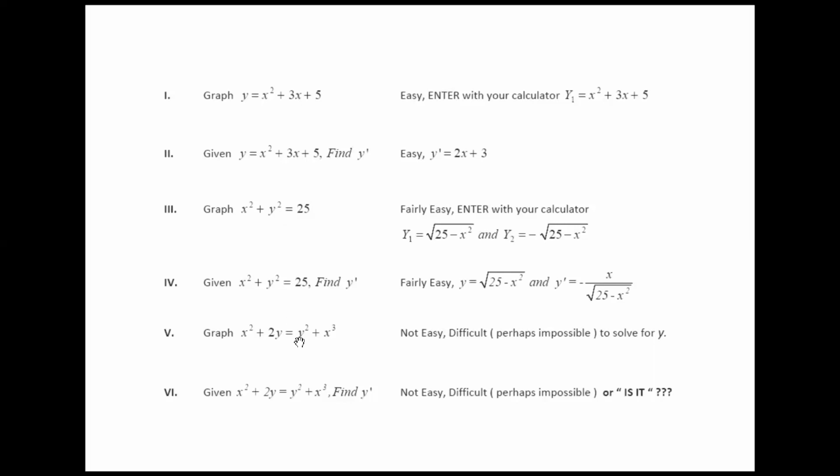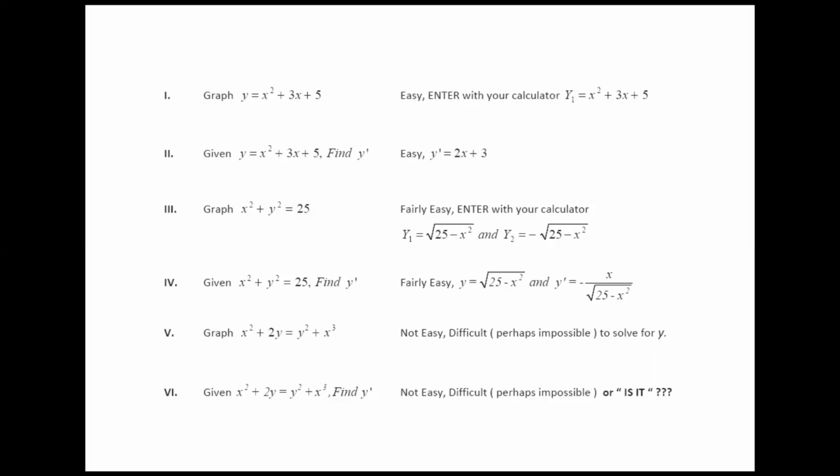Let's look at Roman numeral 5. Now here, to solve for y in order to graph, it's not going to be easy. We say perhaps impossible. We cover ourselves here by saying perhaps, because there are probably ways to graph this, but not something that we're going to discuss now.